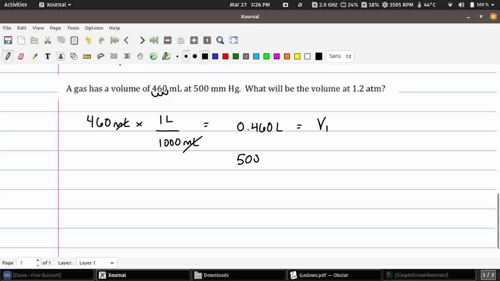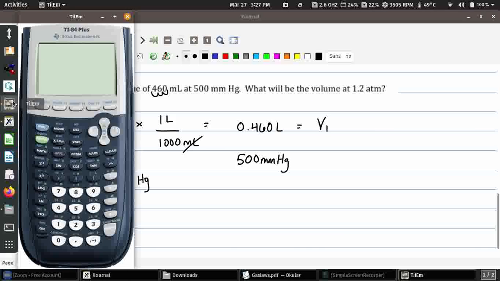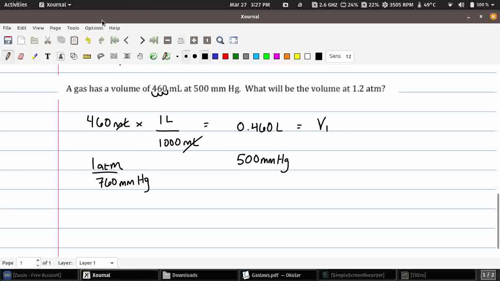We have 500 millimeters mercury. The conversion factor for this is 1 atmosphere over 760 millimeters of mercury. So let me open the calculator just so we have that. Let's set this up. We have to convert the original value, 500, to atmospheres because that's what we're looking for. So this would be P1.